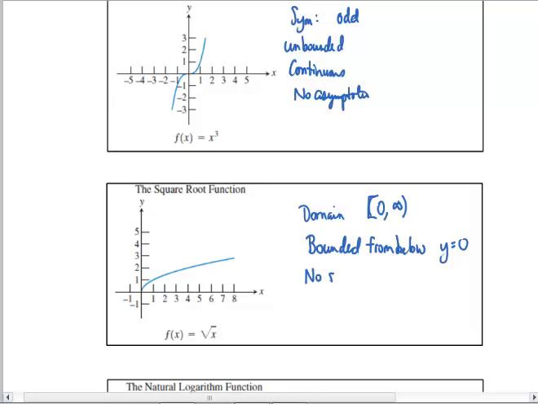There's no symmetry. And it's a continuous function. Now, this one is continuous wherever it's defined. So as long as you pick a value within its domain, it would be continuous on its domain.